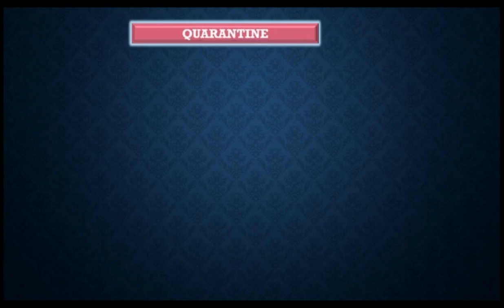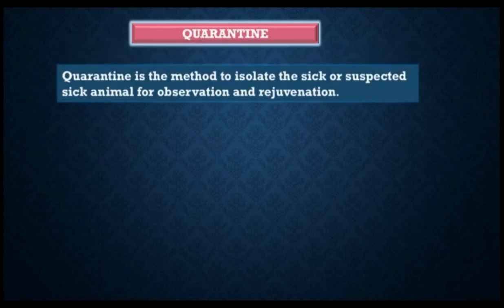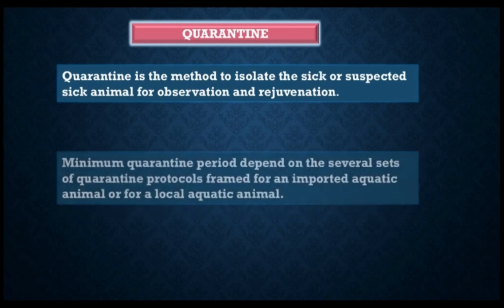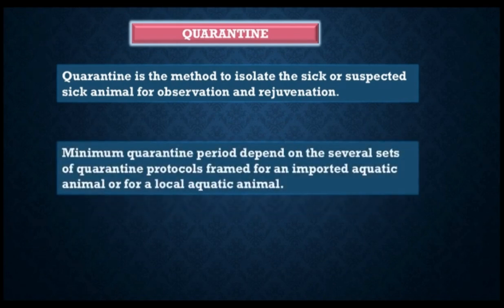Let us learn about quarantine. Quarantine is the method to isolate sick or suspected sick animals for observation and rejuvenation. The minimum quarantine period depends on the several sets of quarantine protocols framed for an imported aquatic animal or for a local aquatic animal.